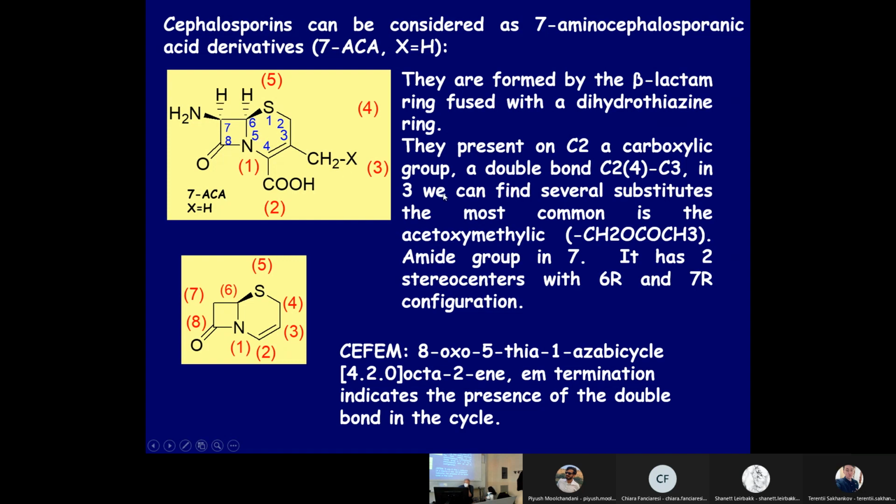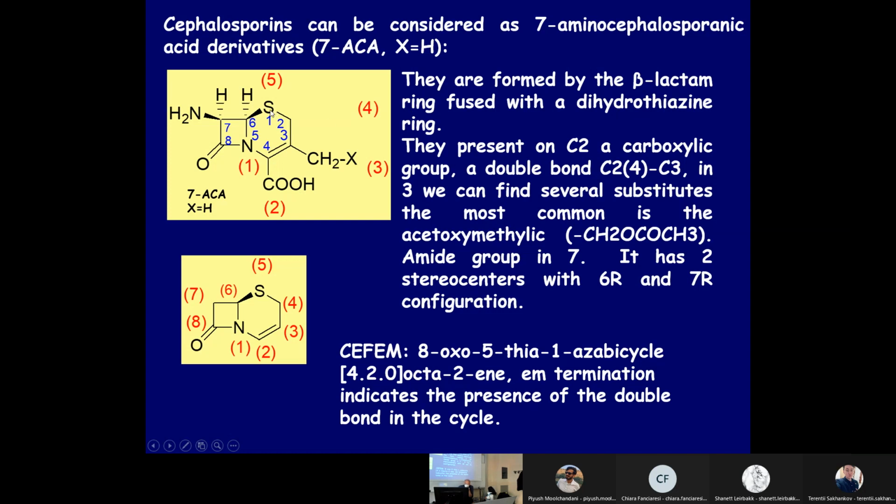So this six-member ring is called dihydrothiazine ring. Dihydro, because we have only one unsaturated bond instead of three, as on the benzene, for example, only one.